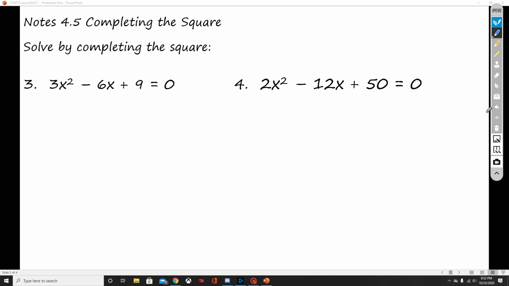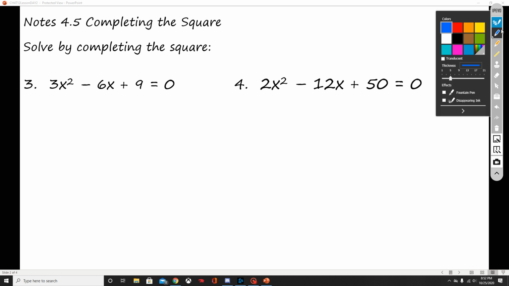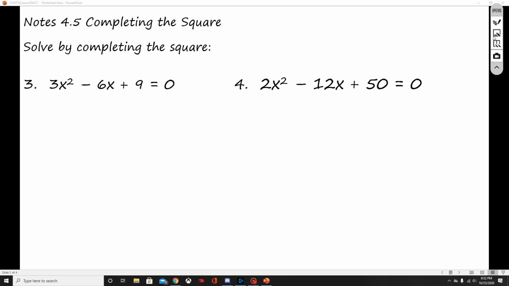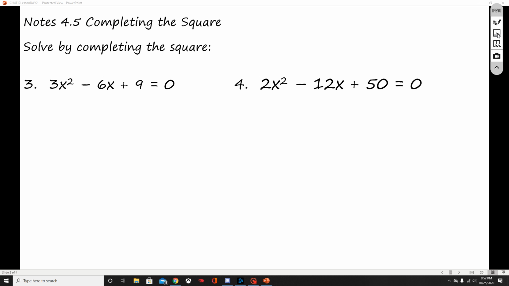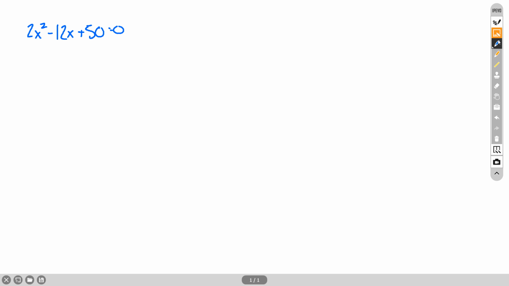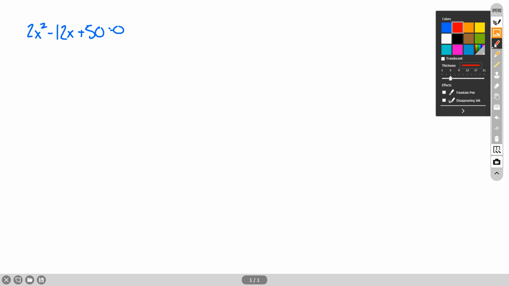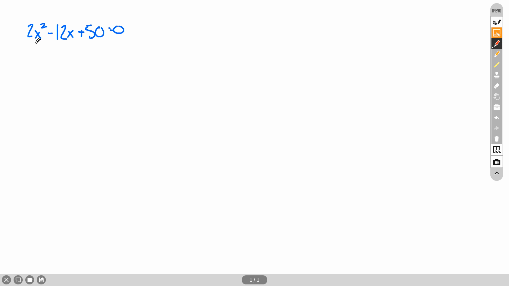Let's look at number 4. So number 4 is 2x squared minus 12x plus 50 equals 0. Alright, so same thing here. I'm going to divide both sides by the a value to get rid of it.